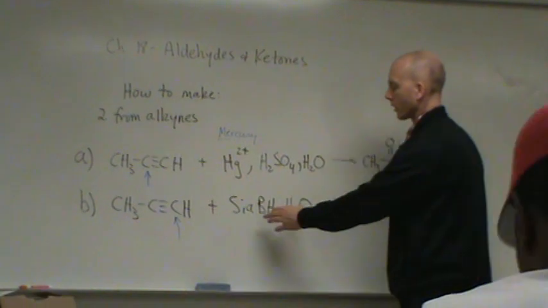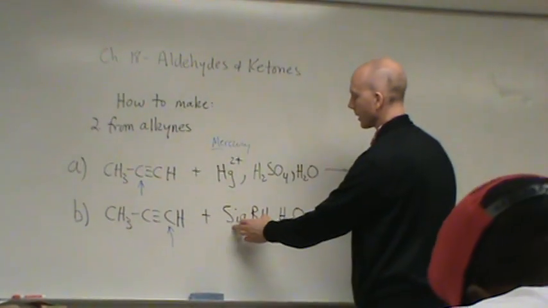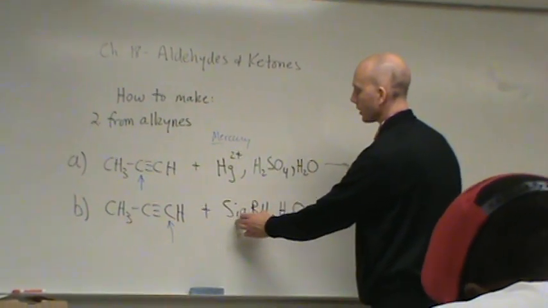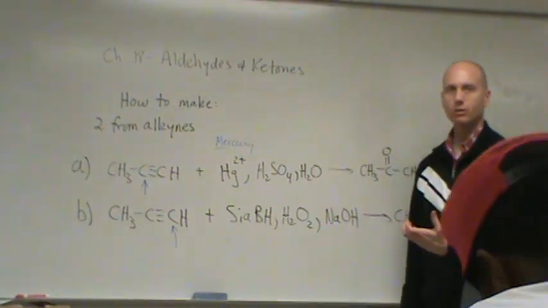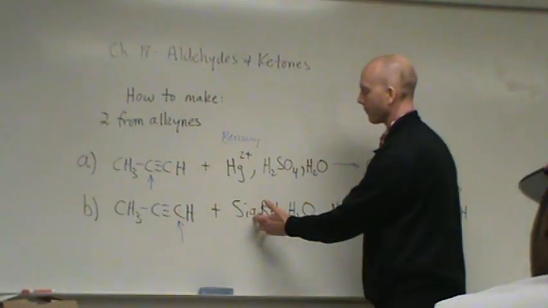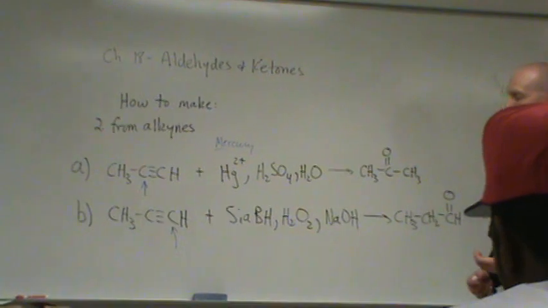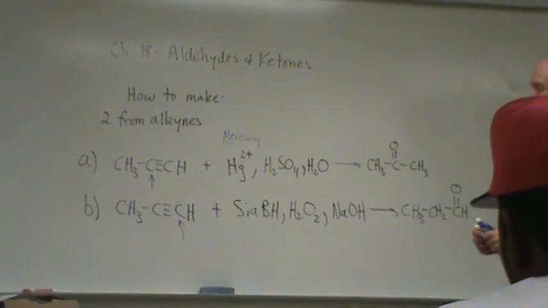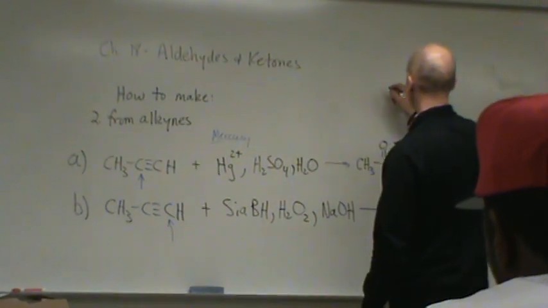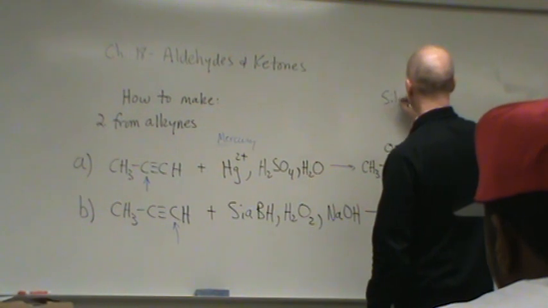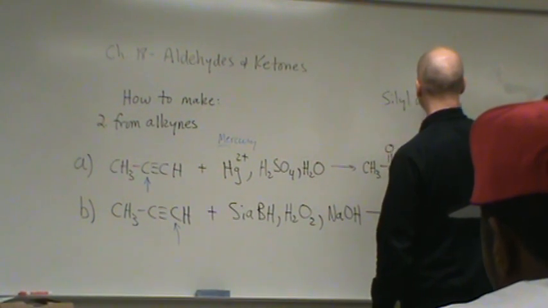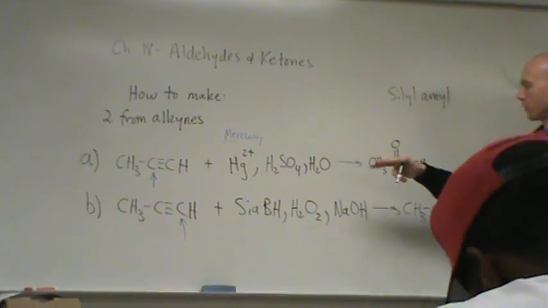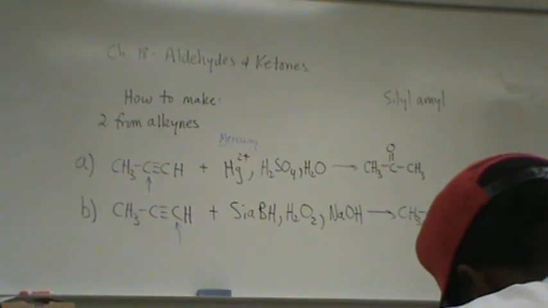So this compound here stands for silyl, which is a silicon, and amyl, which is a 5-carbon isomer branch. So we abbreviate it SIA.